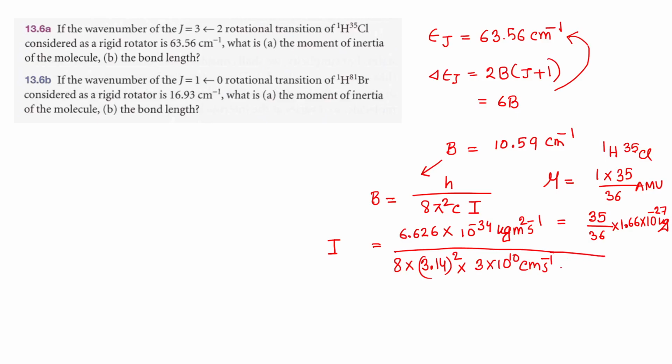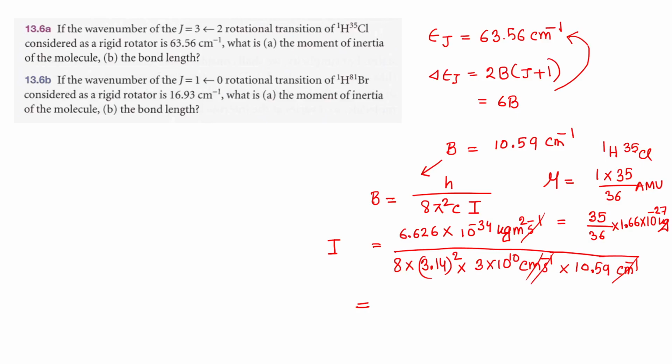Now I have taken I to this side, so B has come this side. B we already got, 10.59 centimeter inverse. Centimeter gone, second inverse gone. What is left? Kg meter square, and that is the unit of moment of inertia, right?